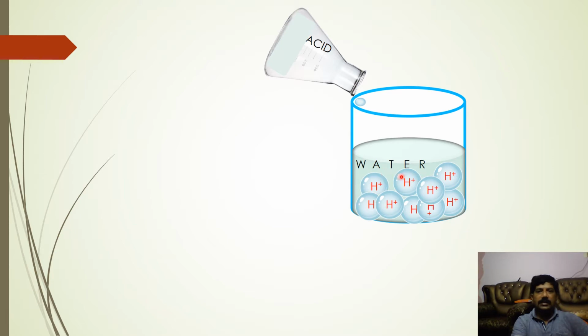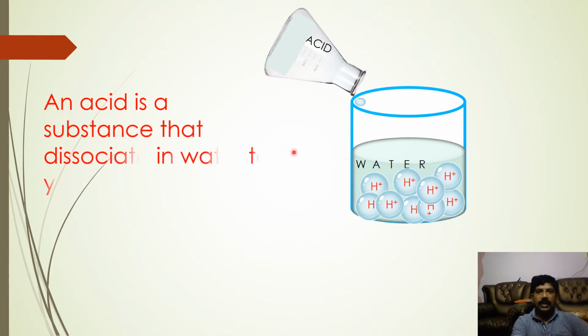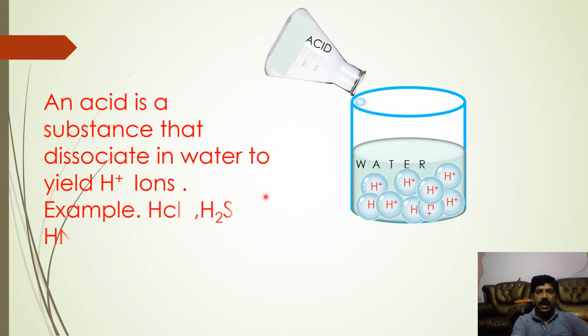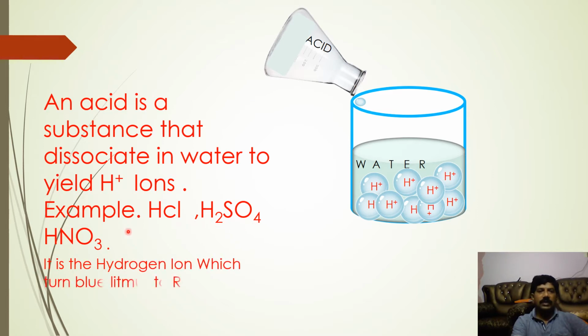An acid is a substance which gives H plus ions in their aqueous solutions. An acid is a substance that dissociates in water to yield H plus ions. Examples for acid: hydrochloric acid, sulfuric acid, HNO3, nitric acid and phosphoric acid.